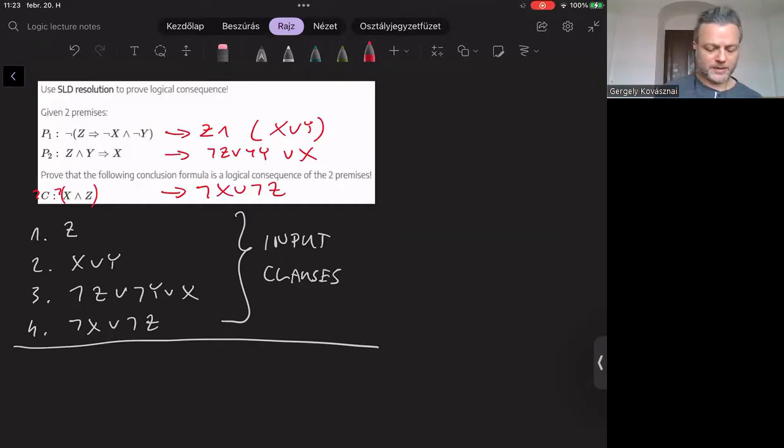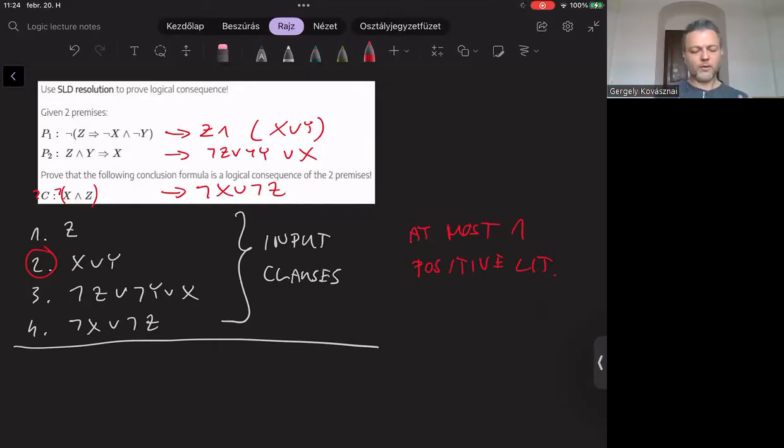Well, not really. Clause number 2 is not a Horn clause. Actually, what is a Horn clause? A Horn clause is defined as a clause which can contain at most one positive literal. So if you look at clause number 2, it contains two positive literals. X and Y are not negated, they are positive. So clause number 2 is not a Horn clause.